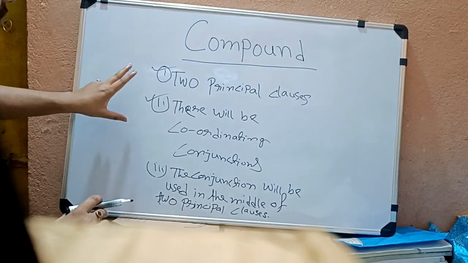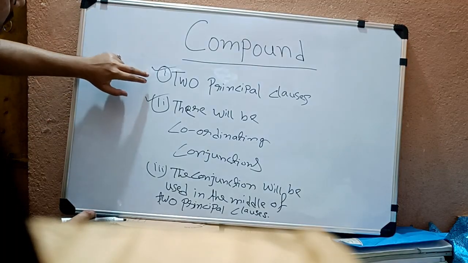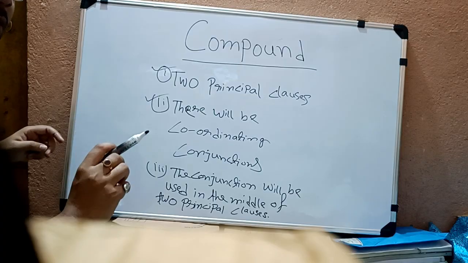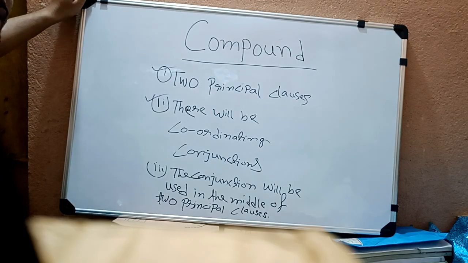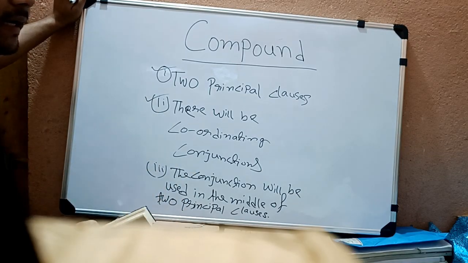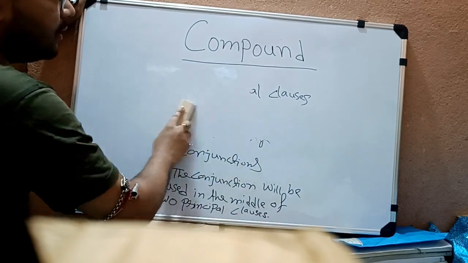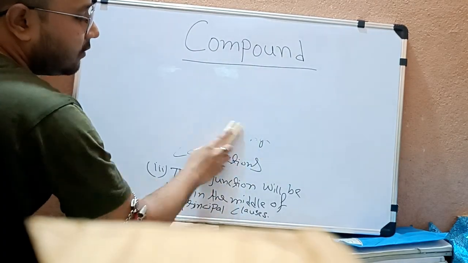So this is called a compound sentence, and these three are the proper characteristics of a compound sentence. This is how we can differentiate the compound sentence easily, and how we can make a particular definition of the compound sentence.